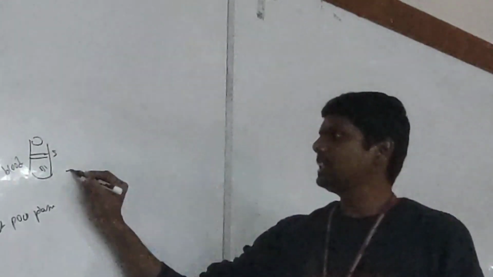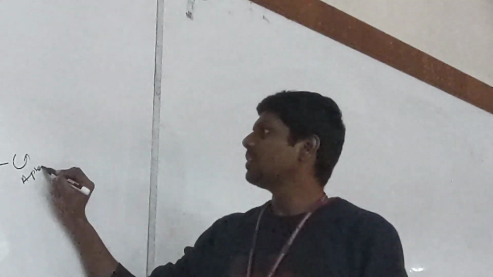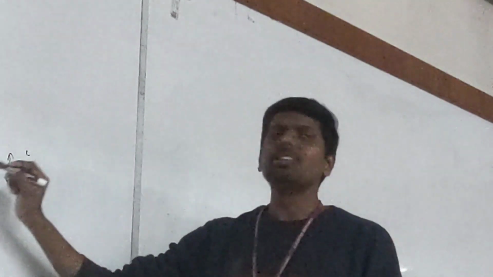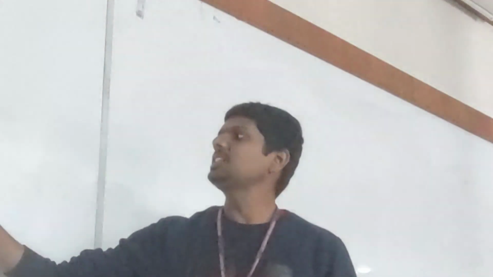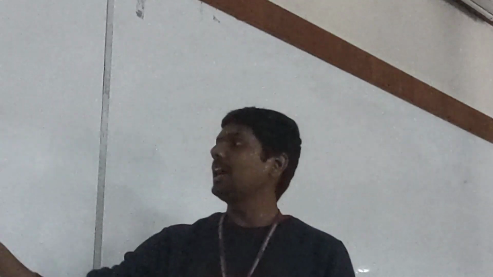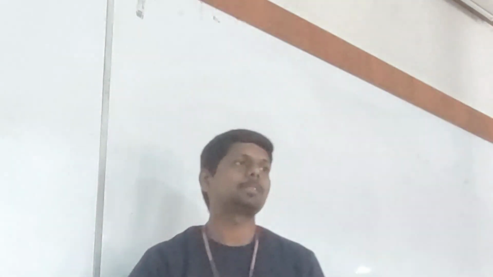Then I will separate with apheresis or simply centrifuge. After centrifugation, I will get a buffy coat. Do you remember? That buffy coat will have white blood cells and platelets. I will discard the buffy coat and take only the plasma. This plasma is called platelet poor plasma.